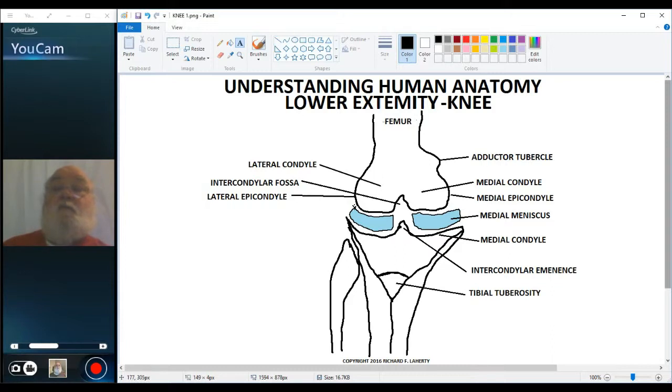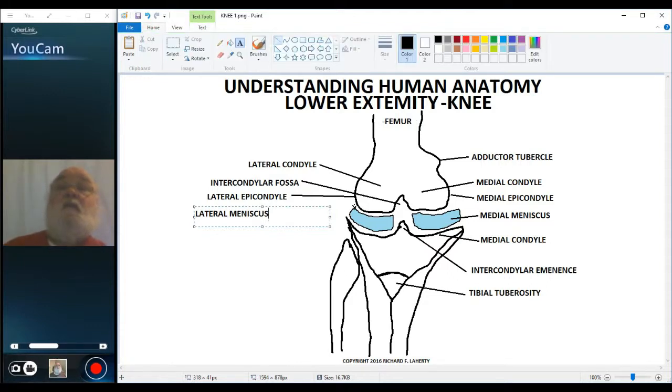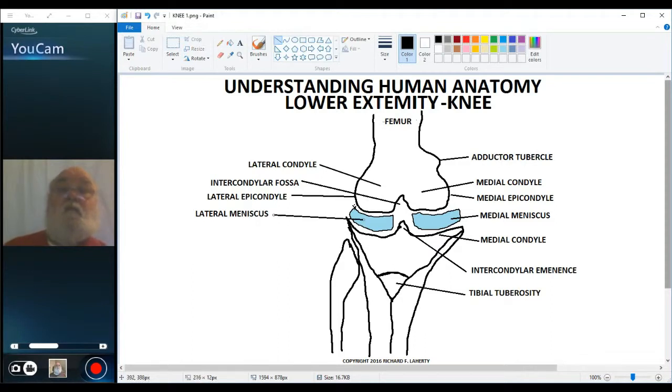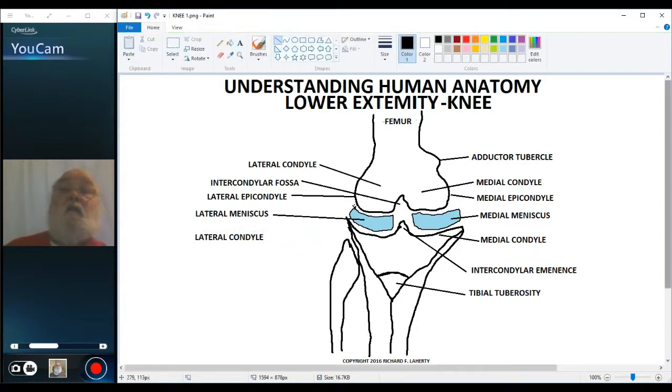We have the lateral meniscus. We have the lateral condyle of the tibia. And we have the head of the fibula.